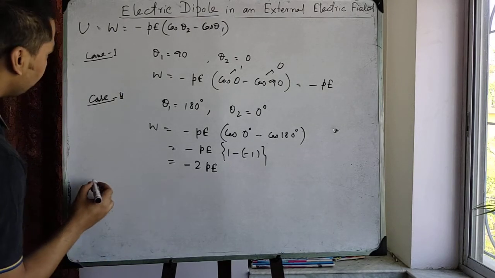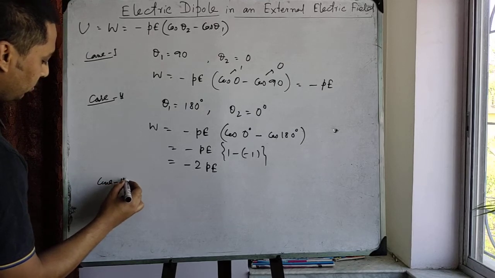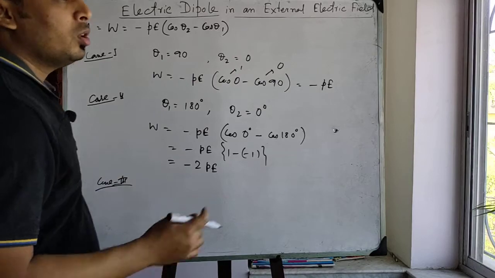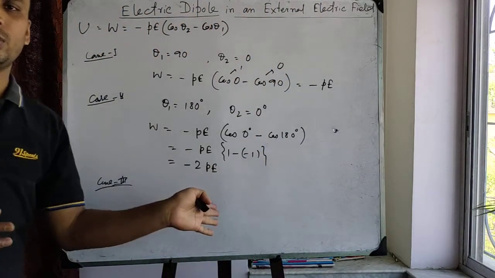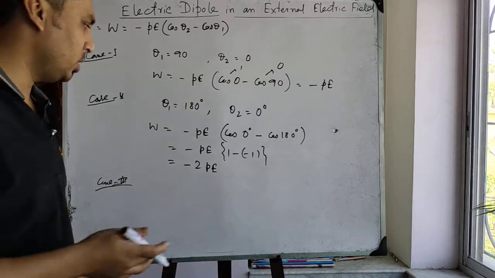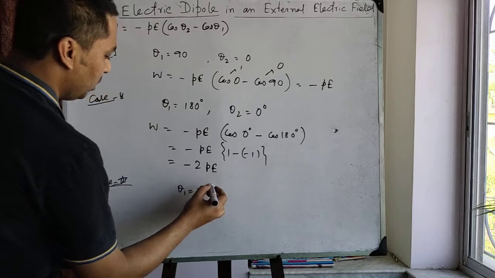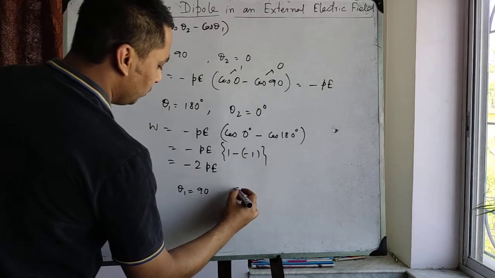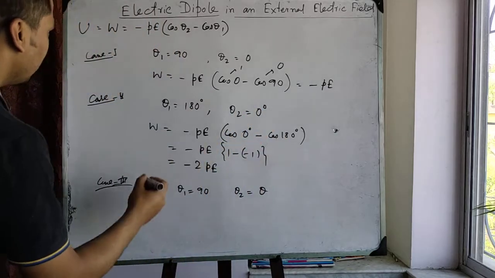In general, to rotate the dipole from its most unstable position to any arbitrary angle theta, we take theta 1 equal to 90 degree and theta 2 equal to theta. Then what is the work done?